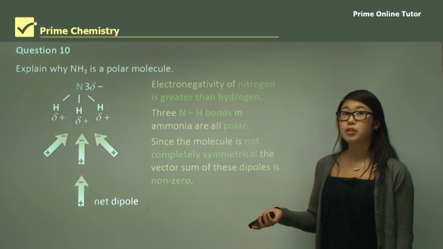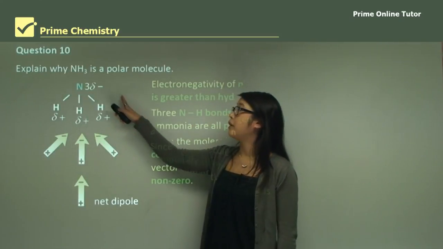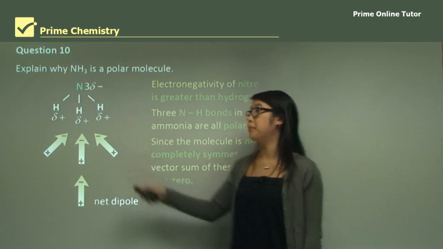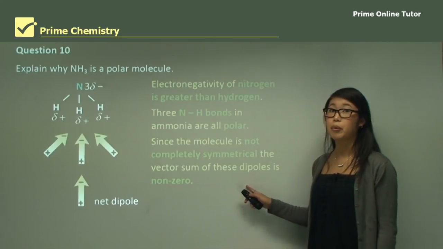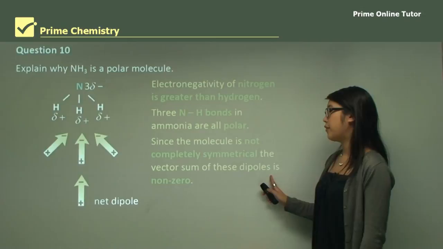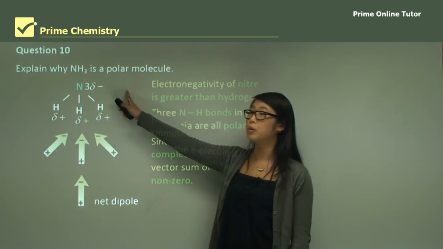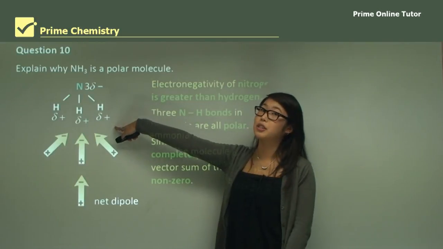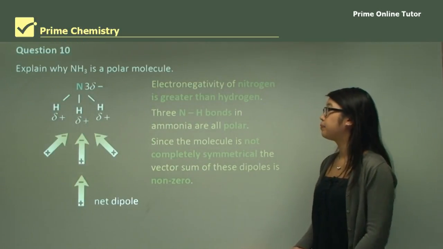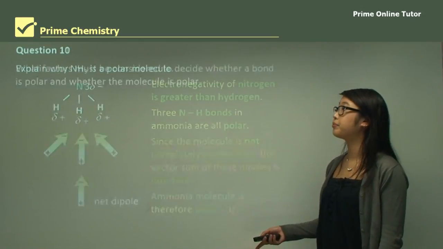And because the molecule is not symmetrical, we can see that because if we draw a line here, it will be more negative on the top, more negative on the bottom. So that means the vector sum, when we add all the polar bonds together, we're going to have a dipole that is not equal to 0. It's going to be net negative charge towards the nitrogen, net positive charge towards the hydrogens. So therefore the whole molecule is a polar molecule.